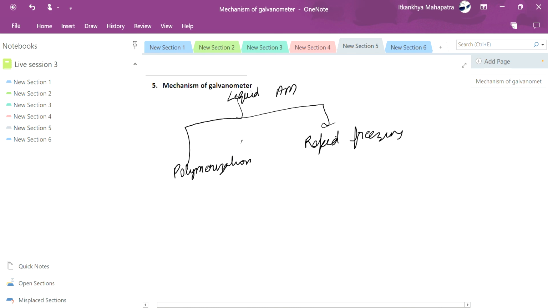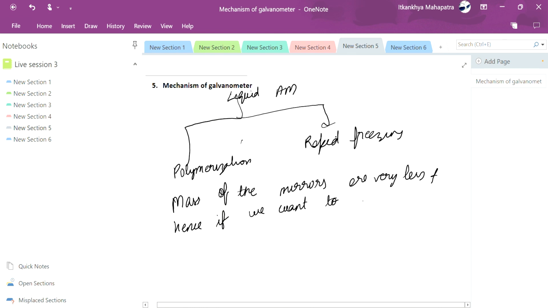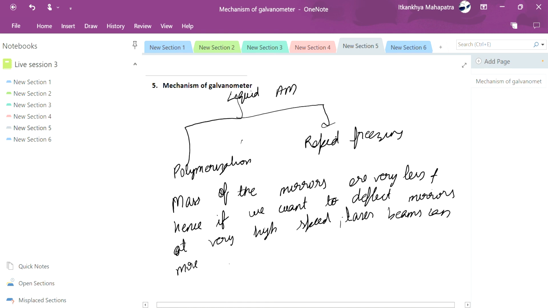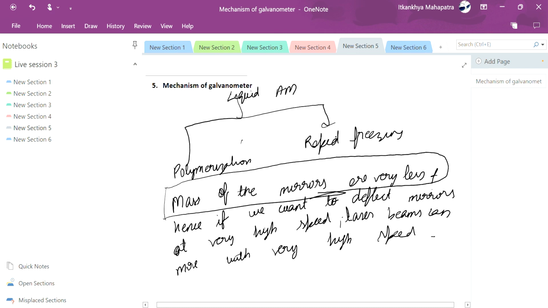So, because of the low inertia of the mirrors, the galvanometer is used.